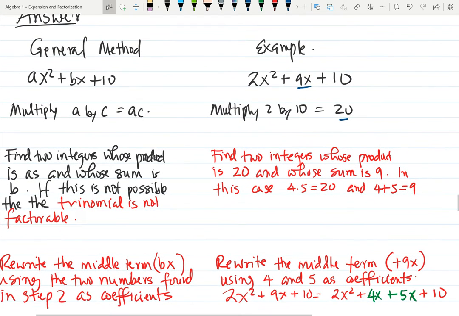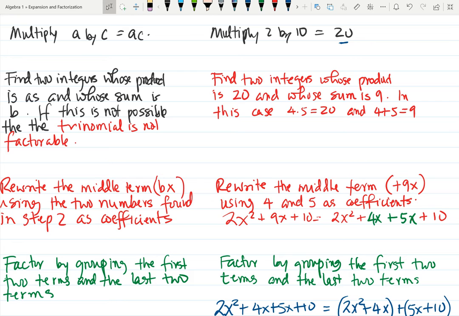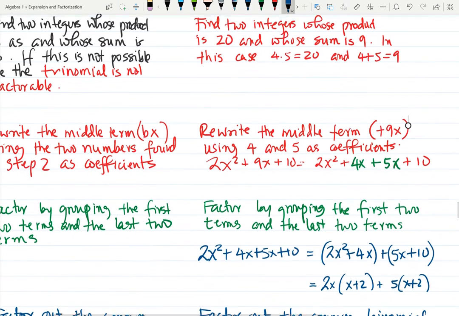So first you have to multiply: when the coefficient of x squared is not 1, you multiply that number by the constant term. You get 20. Factors of 20 that will add up to 9 are 4 and 5.